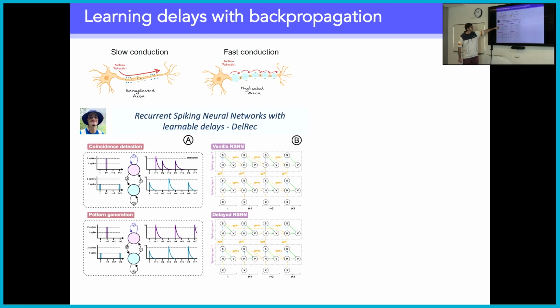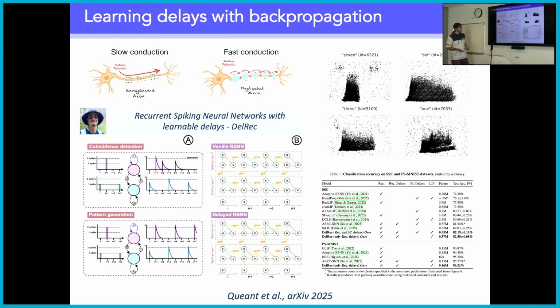And so from here to here, the output of the network is doing coincidence detection in this case and pattern generation in this case. So what it means is that these recurrent delays might have a very important impact on the nature of the computations that are performed by the network.